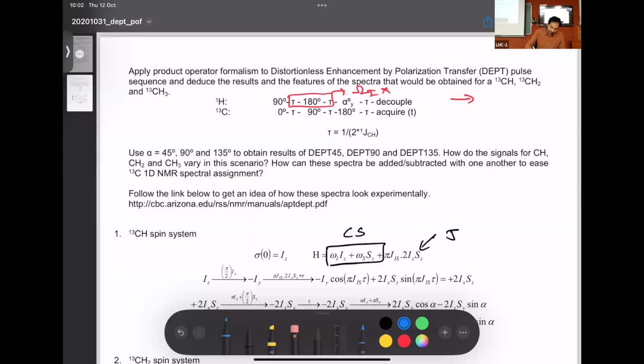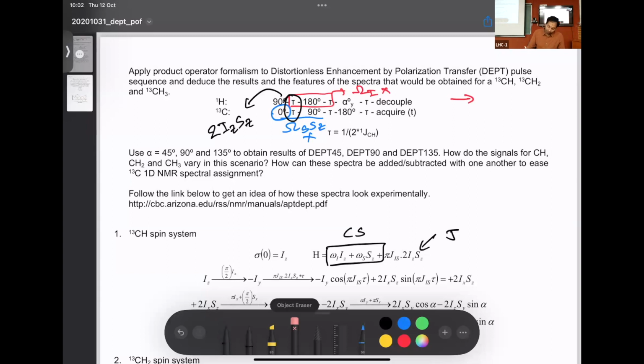And since you're just starting with a 0-degree pulse on the carbon, even until this portion, carbon chemical shift will also not evolve. These were the two things. And what we did was to just evolve this tau period with 2 IZSZ after having the first 90 pulse on the proton channel.